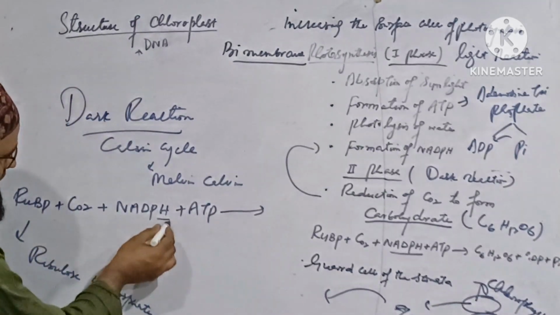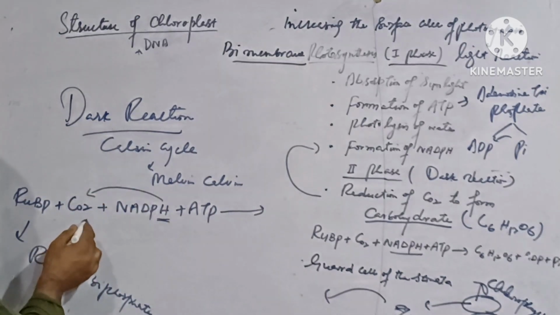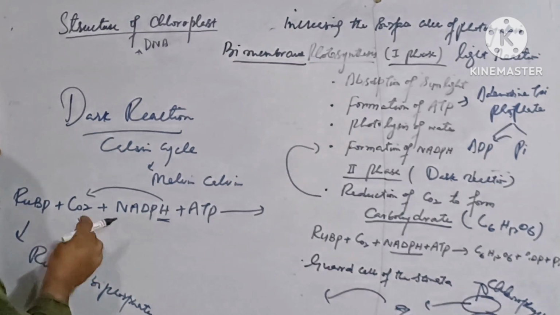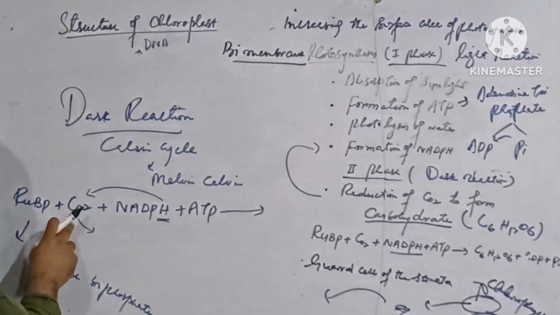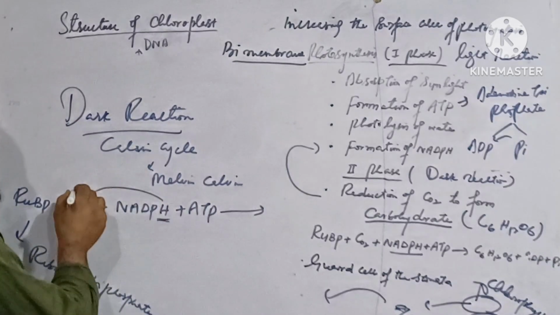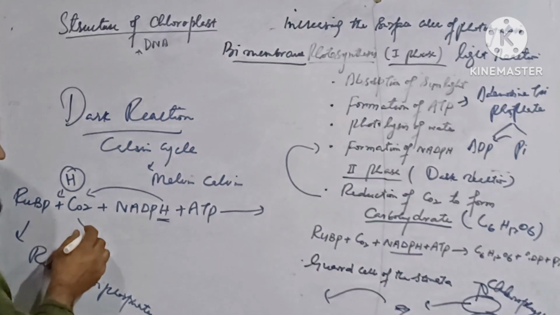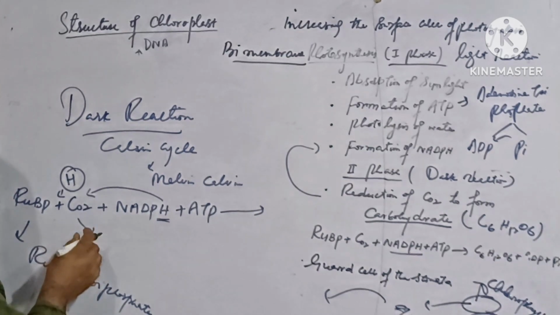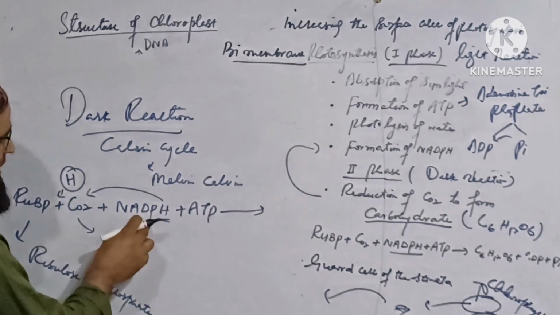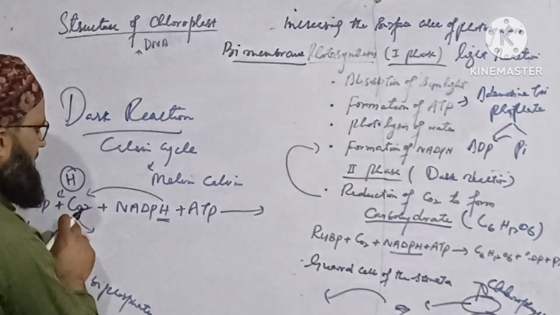This hydrogen ion gets attached to the carbon dioxide. When the hydrogen ion is attached to the carbon dioxide, this means reduction of carbon dioxide. It forms reduced carbon dioxide. NADPH is the assimilatory power that provides the hydrogen ion to the carbon dioxide.